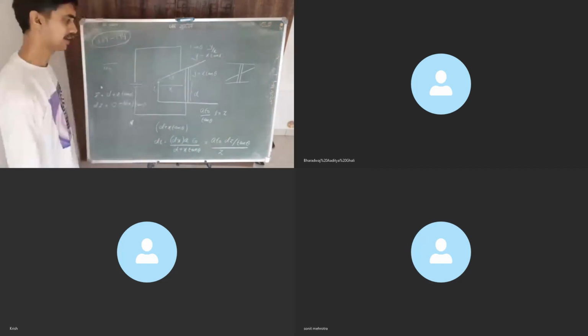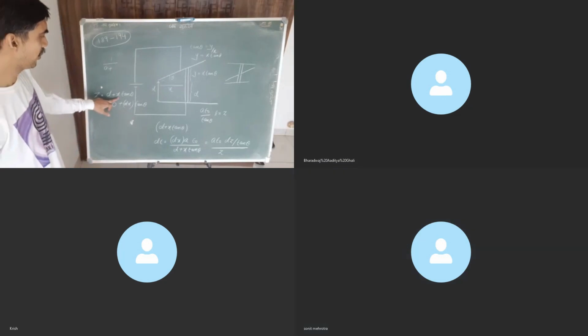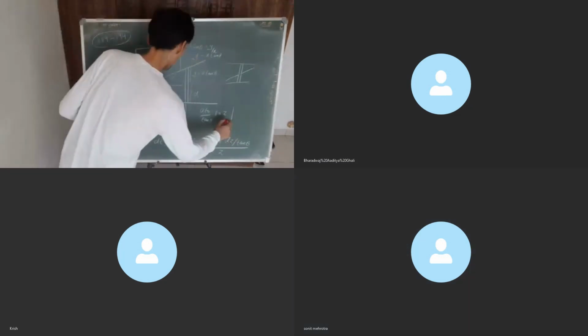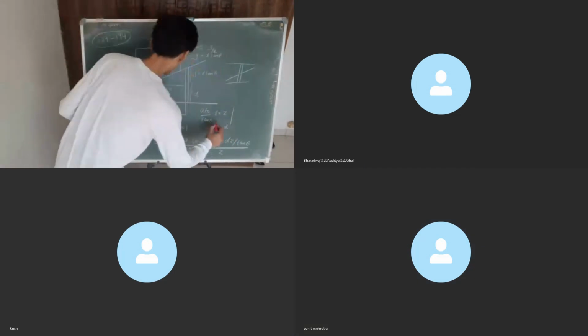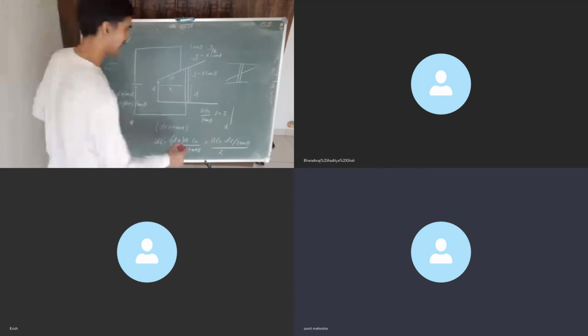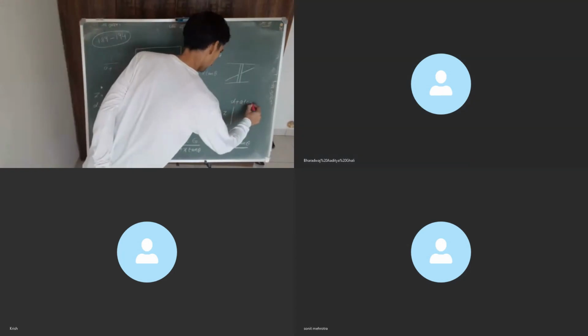When integrated, z will vary from where to where? Z will vary from d, because x is equal to 0, so z is equal to d, to d plus A tan theta. Is it okay?